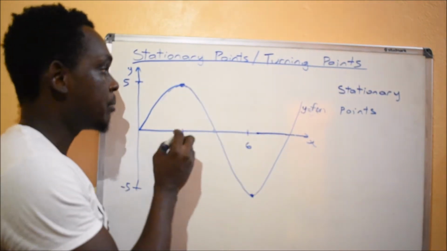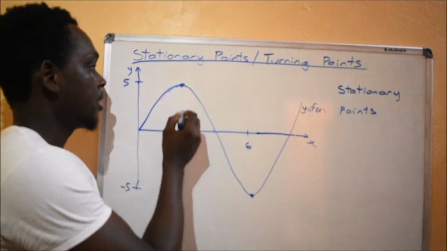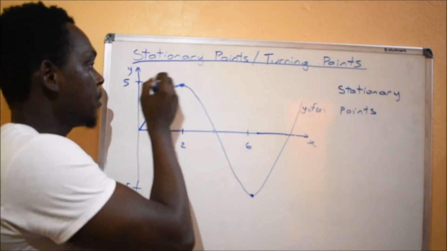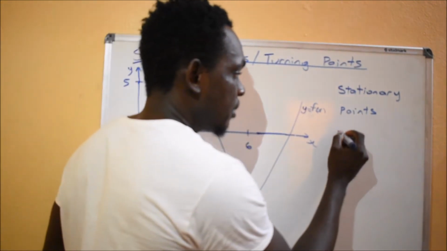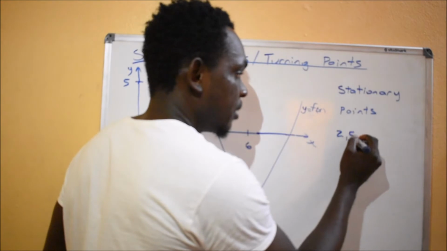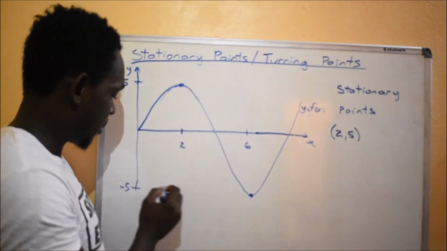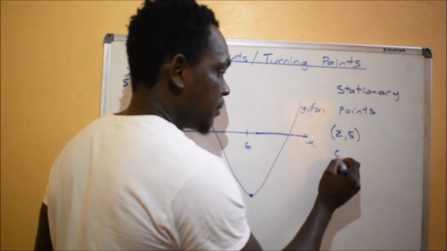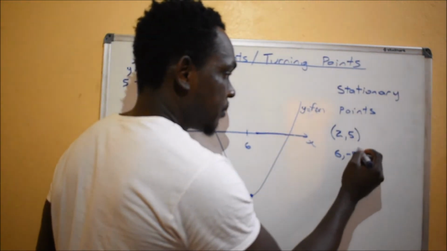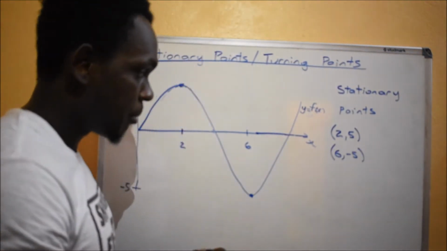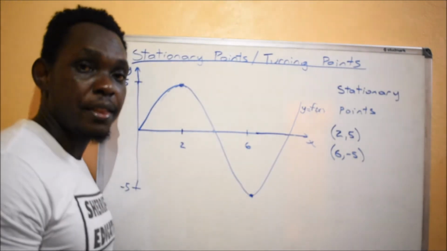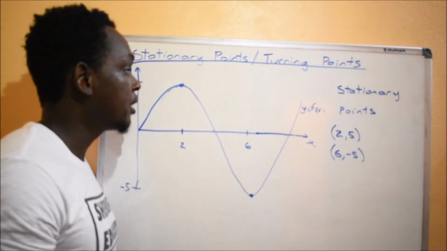So our stationary points are (2, 5) and (6, -5). Why? Because it's at those points that our graph turns.